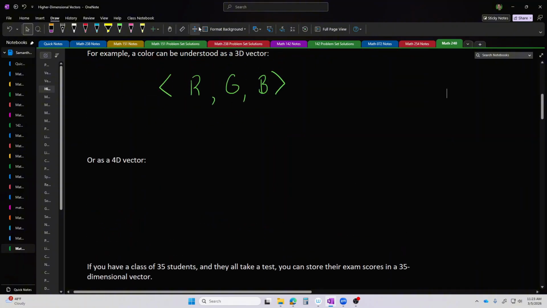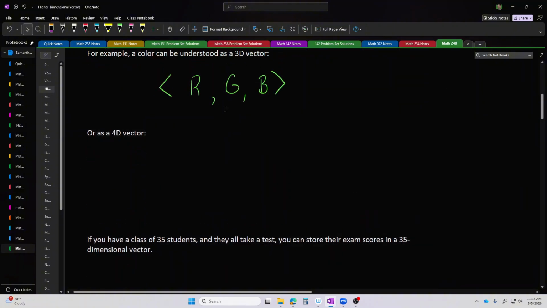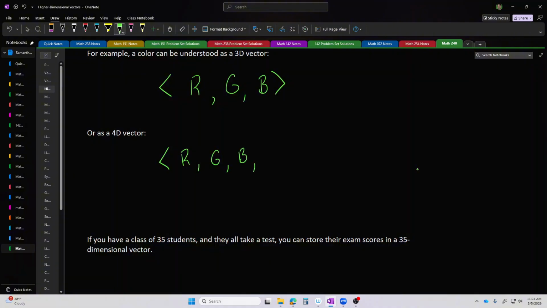If you're dealing with an image that has transparency, like a PNG image, a color might also be represented using a four-dimensional vector, an ordered list of numbers where you have the red value first, the green value second, and the blue value third. But then you also have a fourth value called alpha.